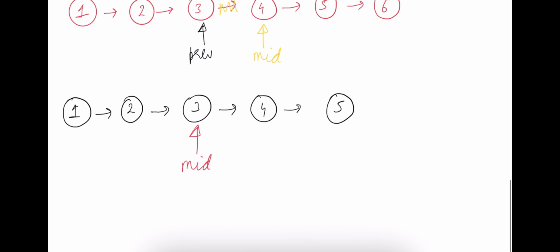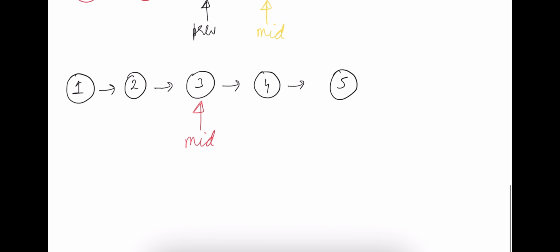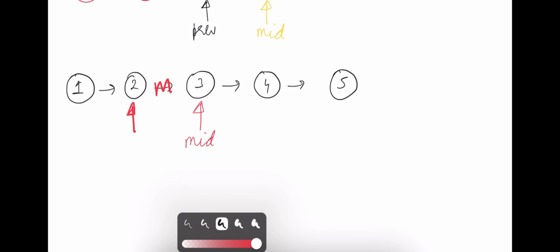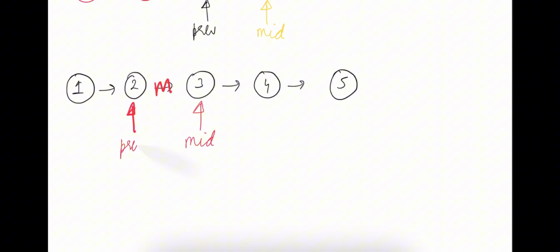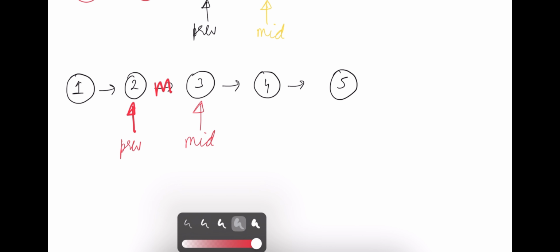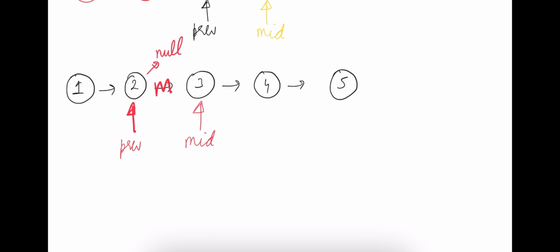Similarly for a linked list of odd length, we are going to break here because this is going to be my previous node, and once I update it to null, I will separate my linked list into two halves again.